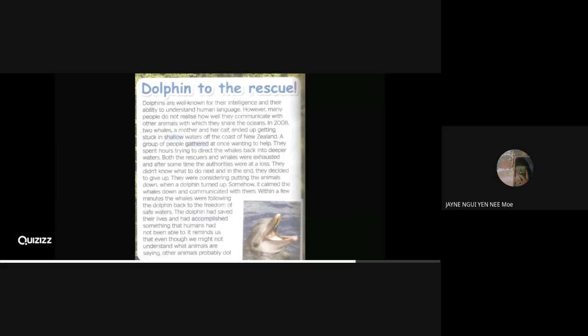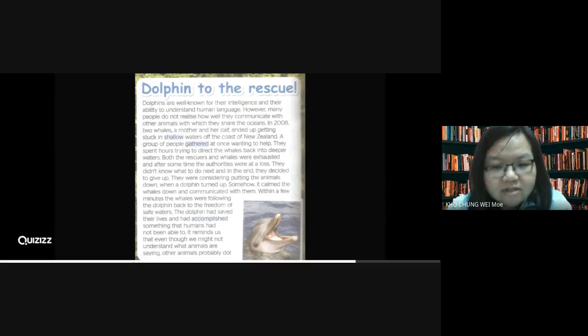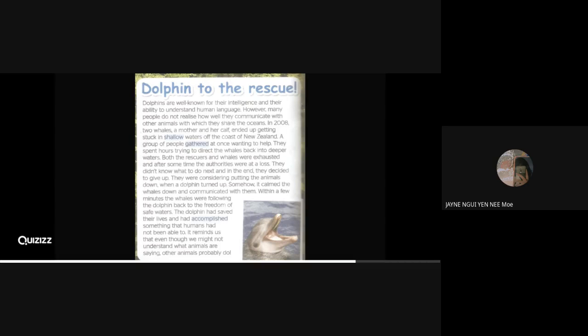Both the rescuers and whales were exhausted, and after some time, the authorities were at a loss. They did not know what to do next, and in the end, they decided to give up. They were considering putting the animals down when a dolphin turned up. Somehow it calmed the whales down and communicated with them.